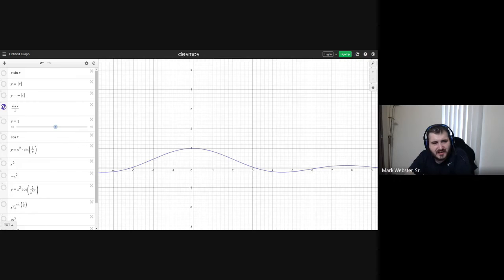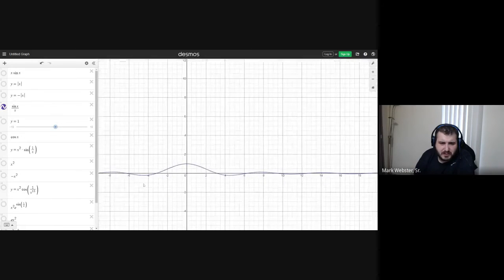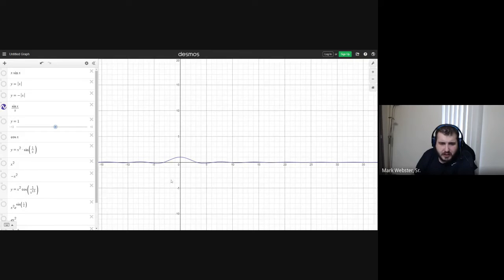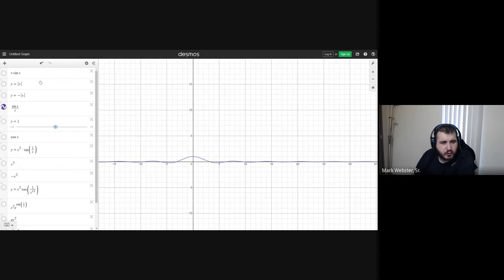So we need to get a better idea as to why it's 1. So here I've got it zoomed out a little bit more just so we can look. The two functions that you would want to use are 1 over x and negative 1 over x, right?